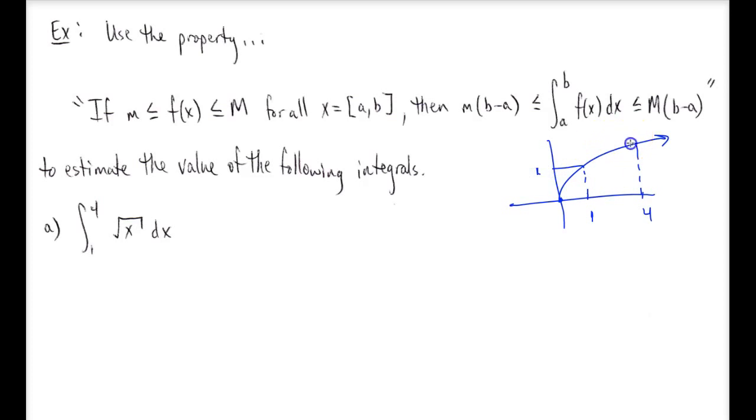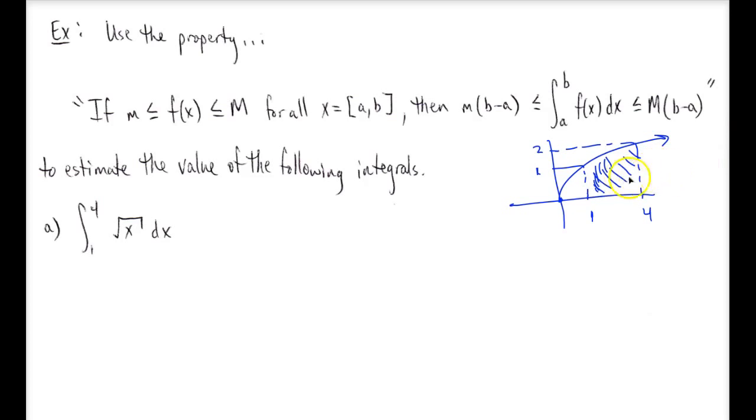So this will be our min value. This will be our max value. And if we're trying to find the area under the curve between here and here, we're basically talking about this area there.